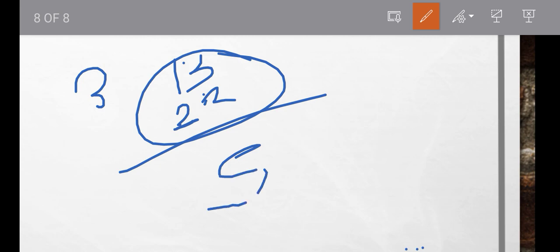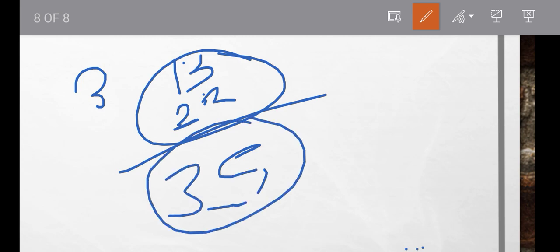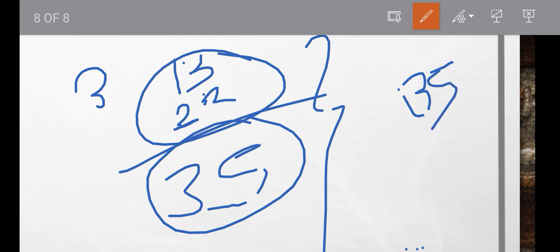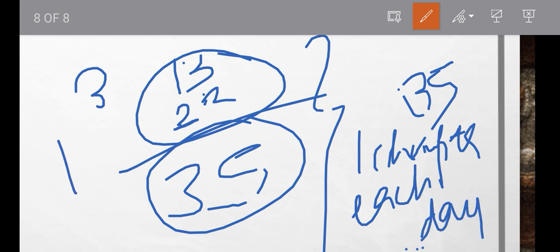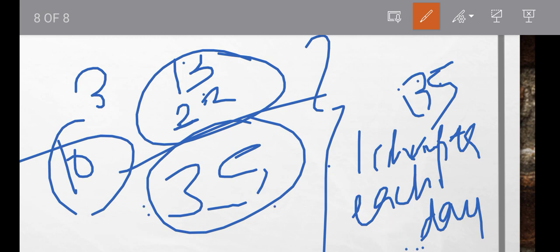So you have a total of 35 chapters in social science and science. You will only take 35 days if you complete one chapter each day. Let's suppose there are 10 big chapters.